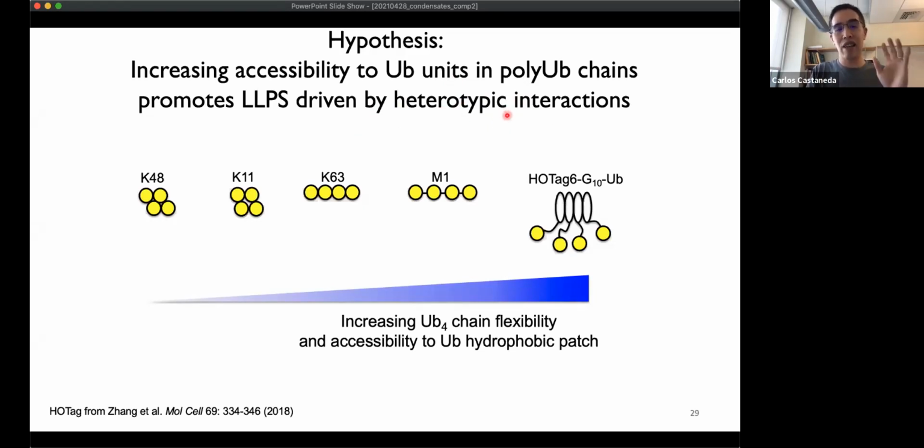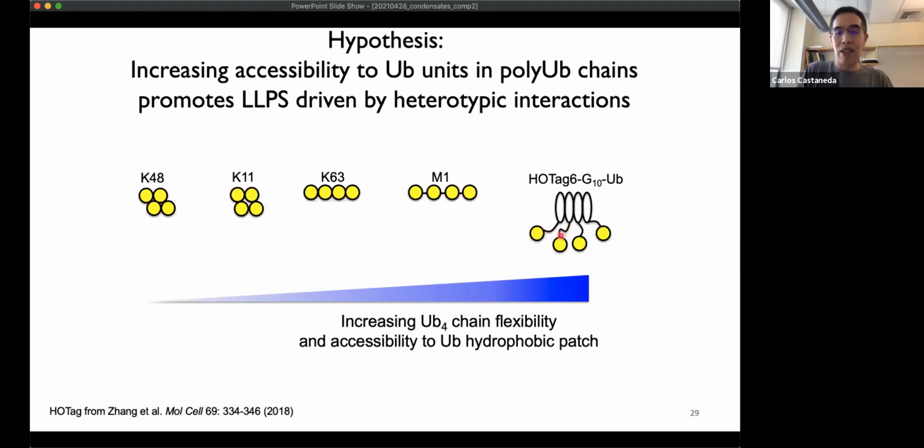Heterotypic meaning ubiquilin as well as polyubiquitin. And so we decided to turn to a construct that was developed by the Xu group at UCSF. This is a hot tag, a 30 amino acid peptide that can make a well-defined tetramer. What we do here is we essentially add this little glycine linker and this ubiquitin shown here.